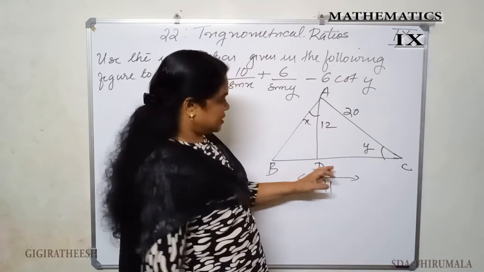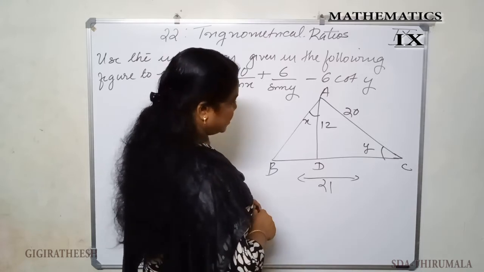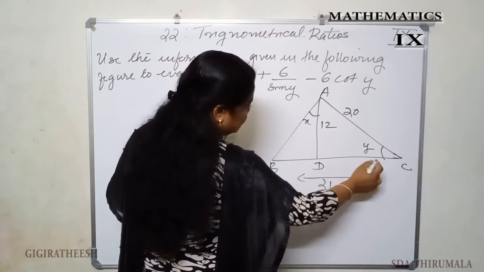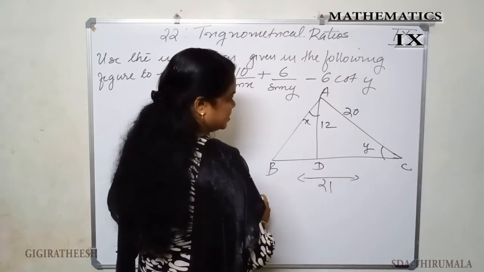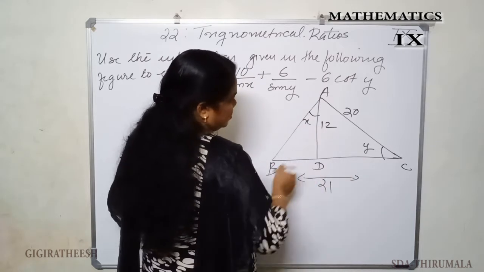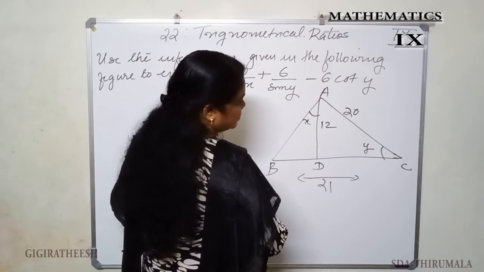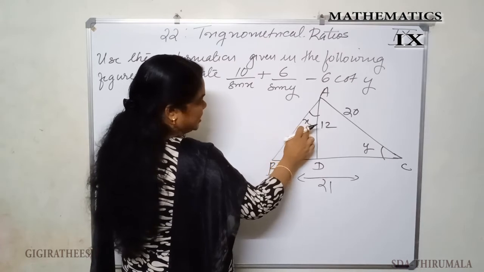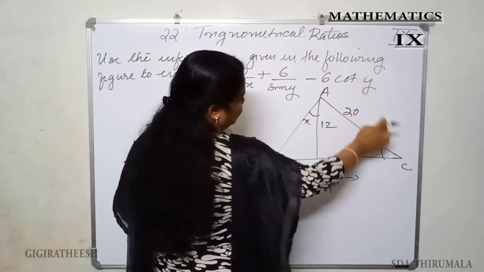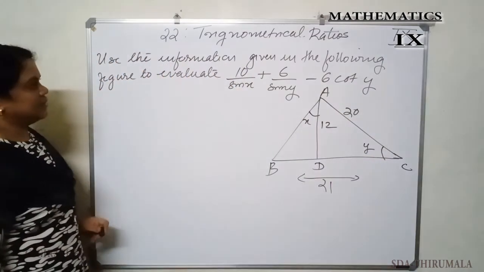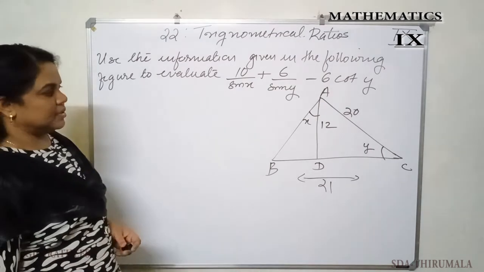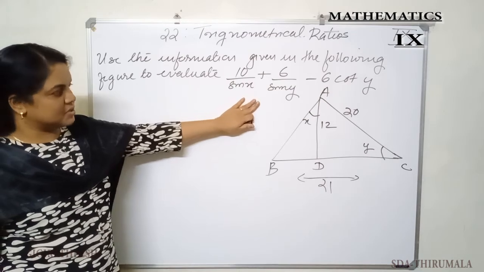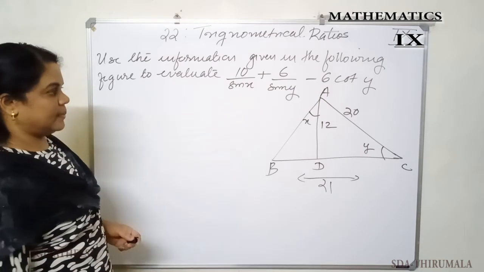The length of BC is 21, AD is 12, and AC is 20. We want to calculate sin x, sin y, and cot y from the figure.